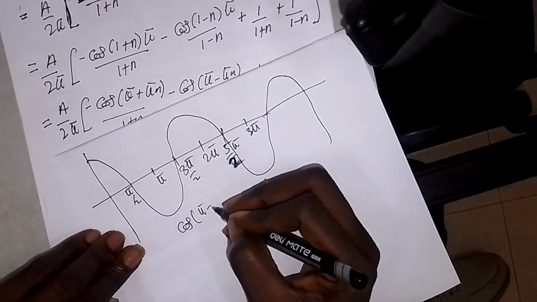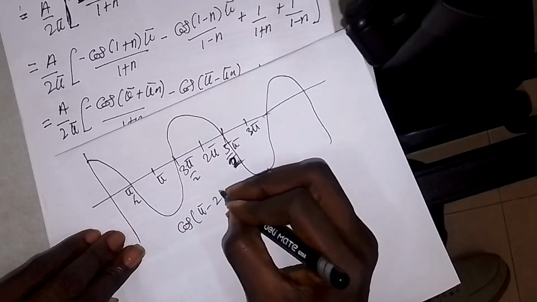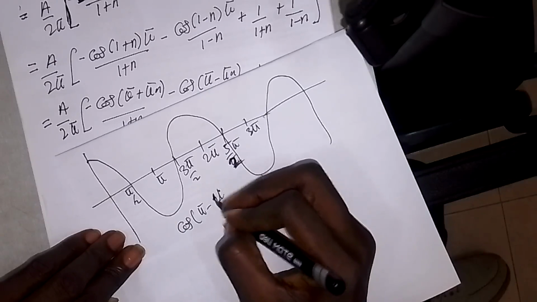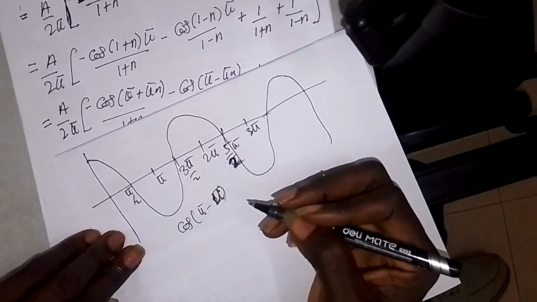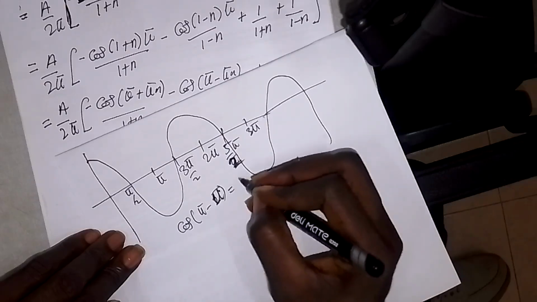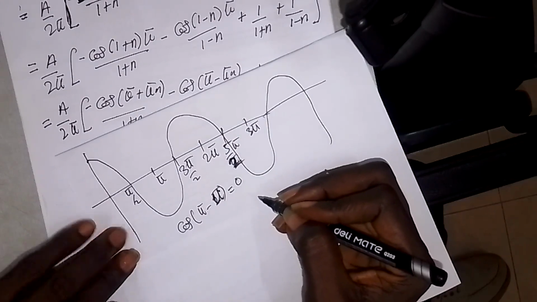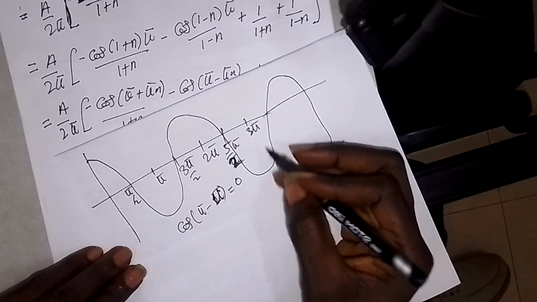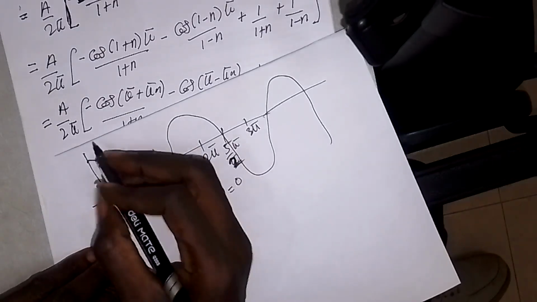Let's say we have cos(π − π). So π minus π will give us 0, and the cos of 0 is 1.